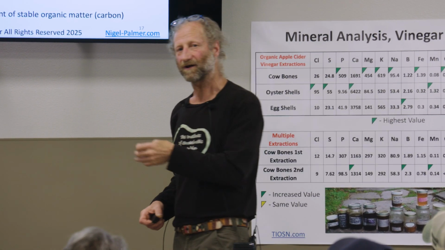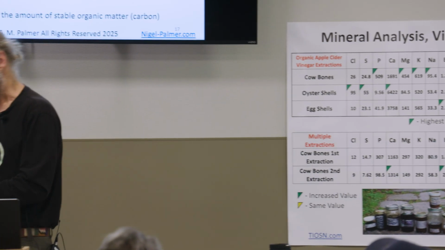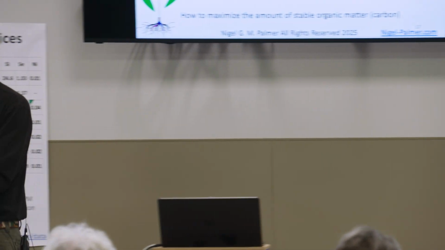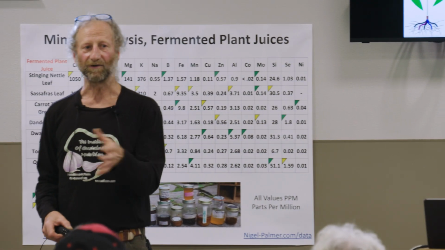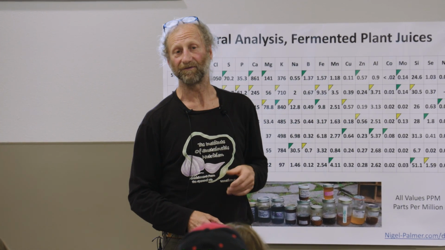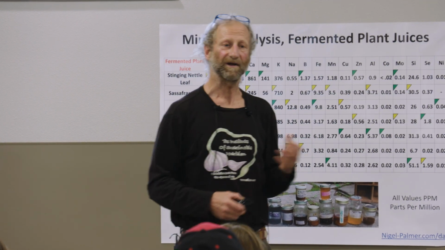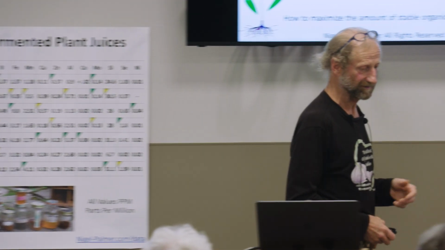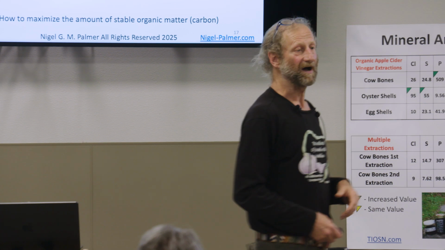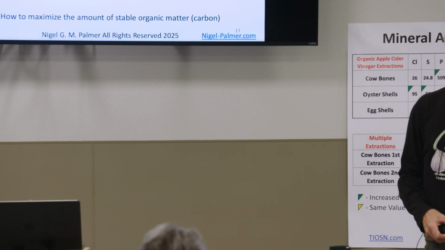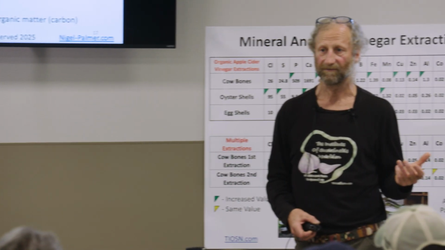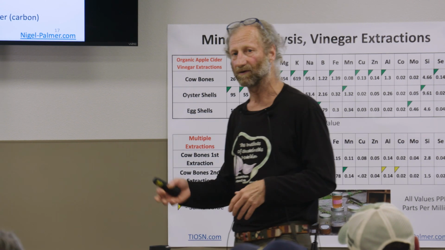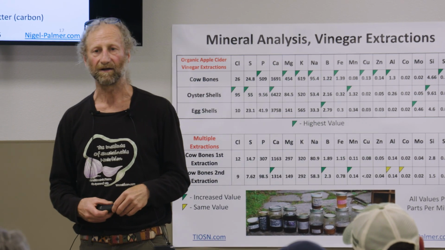And so if I want a source of sulfur, rather than go to the sulfur store, I might look for somebody that has sheep and ask if I could use some of the sheep's wool in my compost pile. By the way, sheep's wool has a lot of other benefits to it and makes a great mulch. If I wanted a source of phosphorus, I might get some cow bones and crush them up and throw the cow bone into my compost pile.